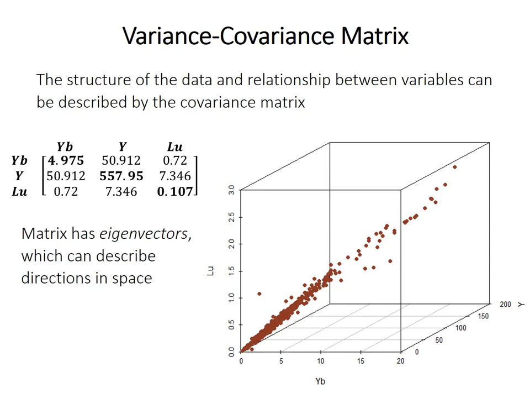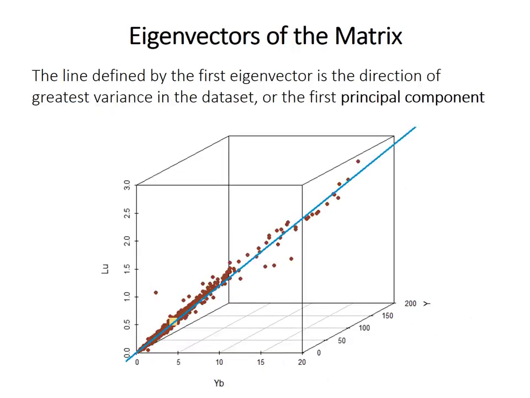I explained eigenvectors in more detail in the previous Mahalanobis distance video, so I won't go into them anymore here. It's not that important, but just remember that matrices have these things called eigenvectors. The important thing really is that the first eigenvector defines a direction in space, and the line along that direction turns out to be the direction of greatest variance through our multidimensional cloud of points. So the first eigenvector is the first principal component in our new coordinate system.